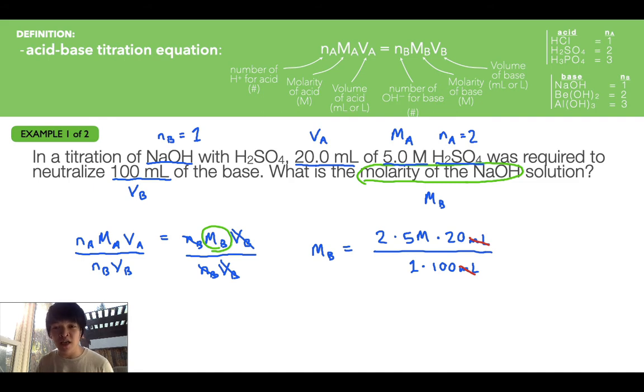Now you just type this in a calculator. 2 times 5 times 20 on the top, and then on the bottom we have 100, so divided by 100. And if you type all of this in a calculator, we should end up with, I believe, 2 molars. Right? And that's our answer for this one. The concentration of our hydroxide solution must be 2 molars.